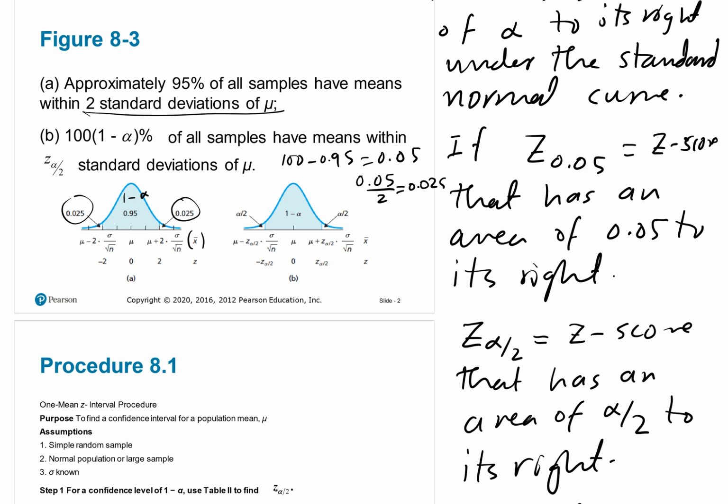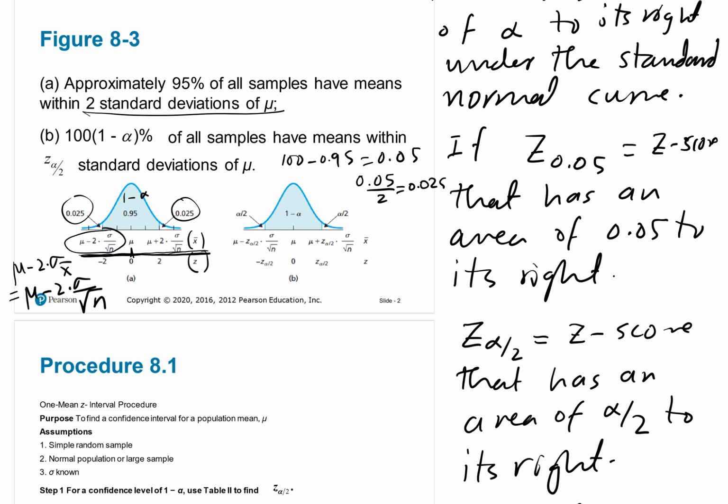This is within 2 standard deviations from the mean. So it's the mean minus 2 times the standard deviation of x bar, which is the mean minus 2 times sigma over the square root of n. Same thing for the other one. On the standardized curve, the mean is 0, and then 2 above and 2 below the mean.